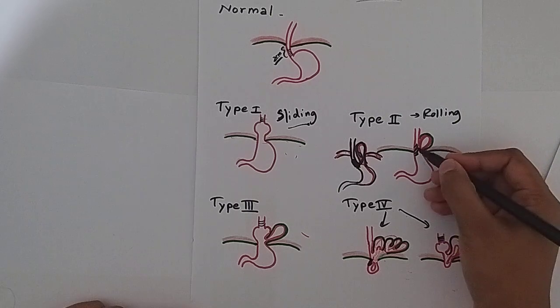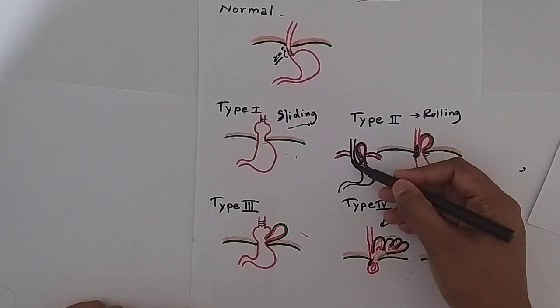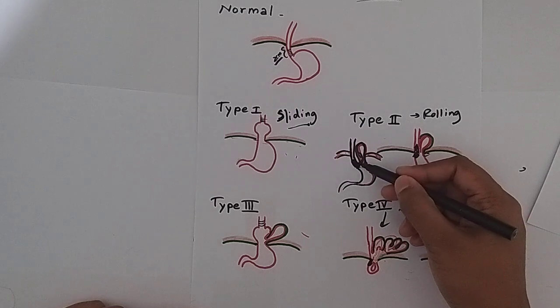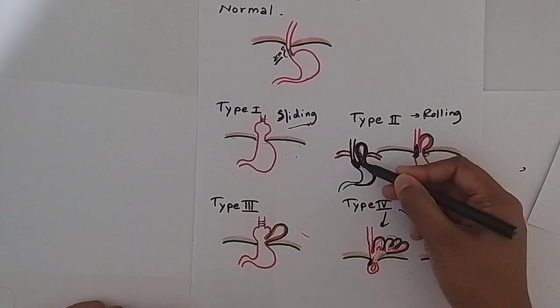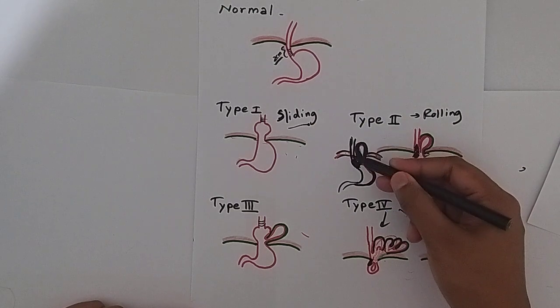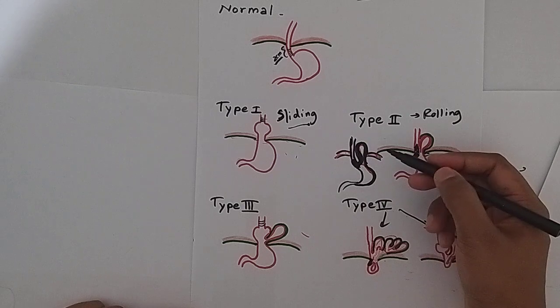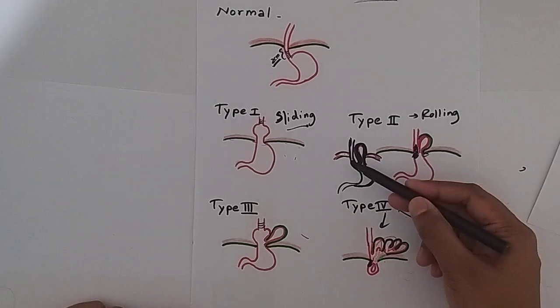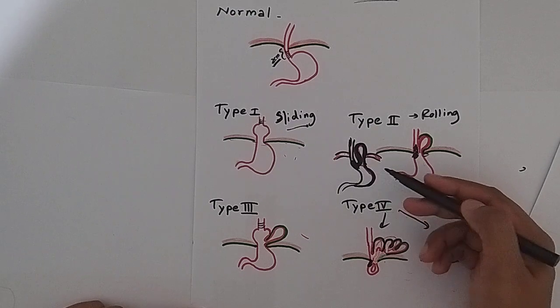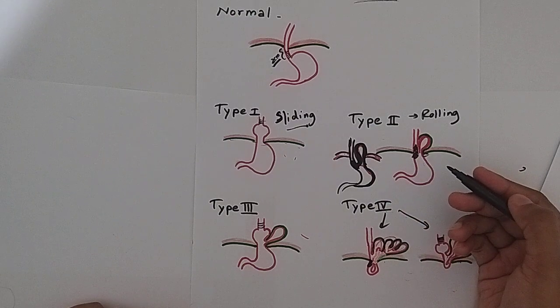It should be here, but I mistakenly drew it somewhat upward. The fundal part of the stomach has rolled upward beside the esophagus through the esophageal hiatus. So this is a rolling hernia, and because the gastroesophageal junction is in the same position, these patients don't have gastroesophageal reflux.